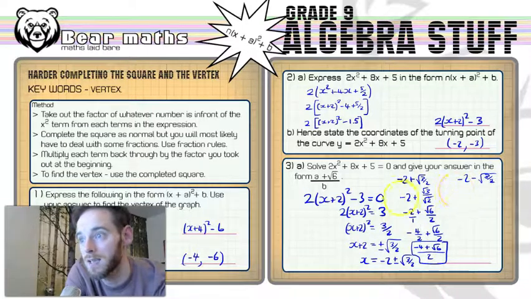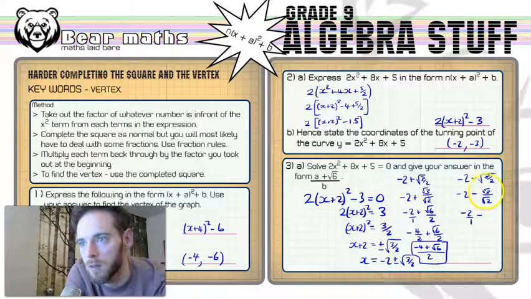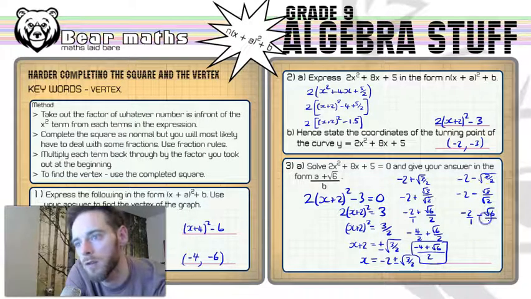So this is exactly the same thing as what we're doing there. I'll just do it again so you can see what I'm going to do. Minus 2 minus root 3 over root 2, minus 2, and let's put it over 1 straight away, minus, and that's going to be root 6 again, because root 3 times root 2 is root 6, and this one's going to be just over 2.